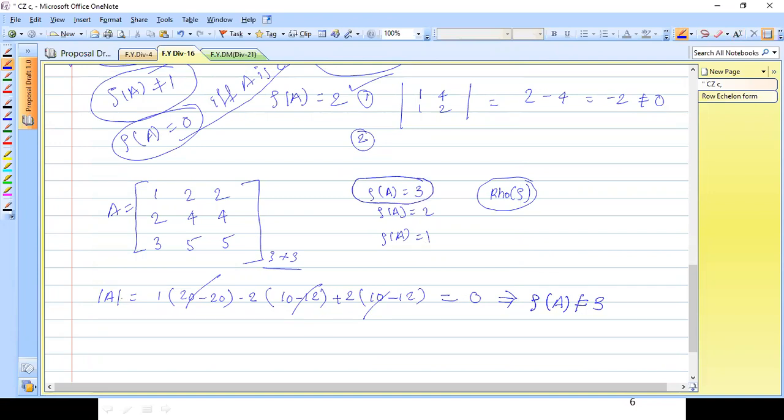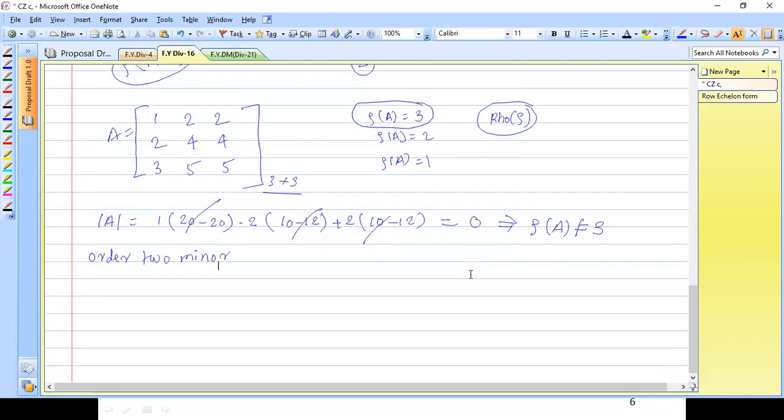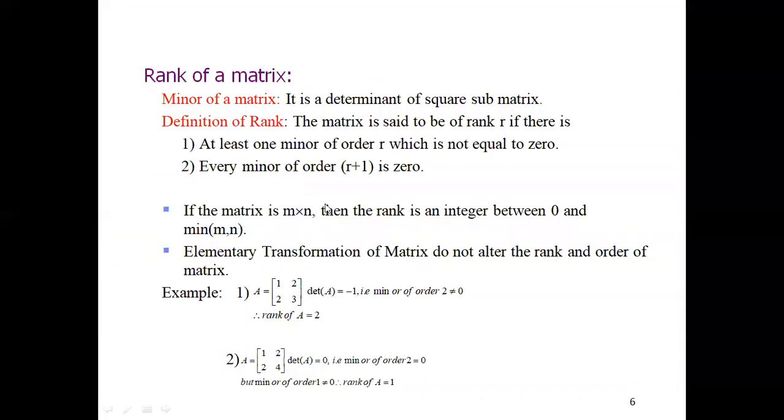Now what about order 2 minors? Yes, sir, we can take the upper 2 by 2: 3, 2, 5 it is 0, and for the lower 2 by 2 it is minus 2. But what I want is at least one minor that is non-zero. Read the definition. What are they saying?